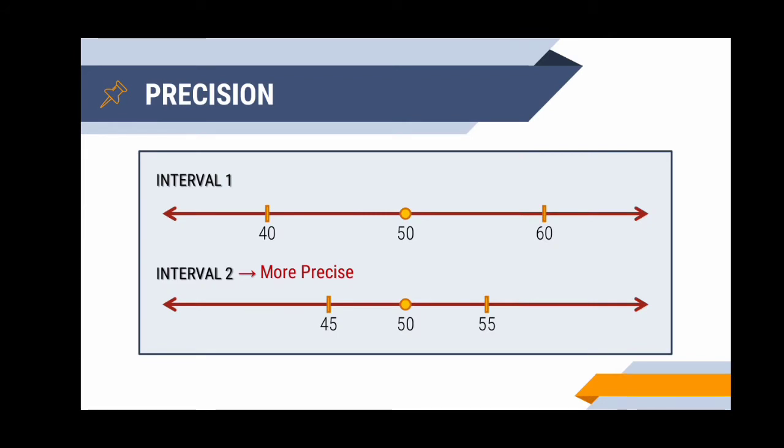Look on the simple illustration I made. Ayan. Mas precise yung pangalawang x-axis kasi mas kakaunti yung allowable margin of error niya kumpara dun sa unang x-axis. In short, mas malapit sa sample mean natin.